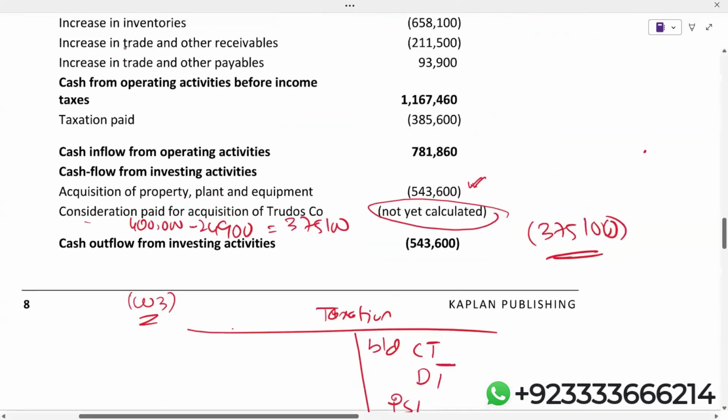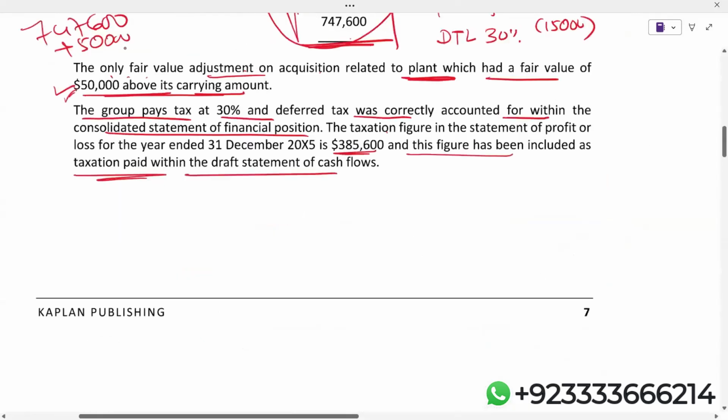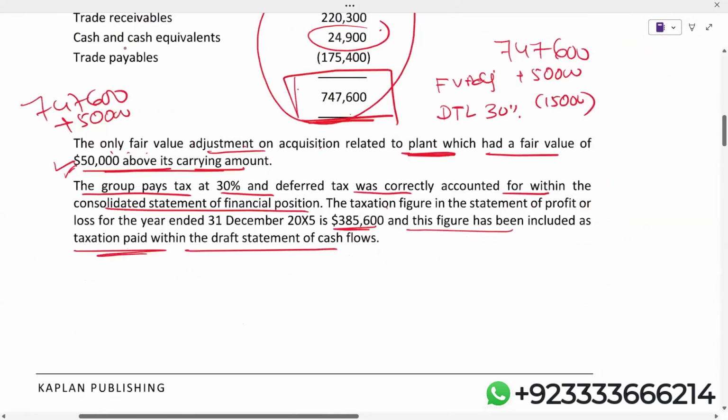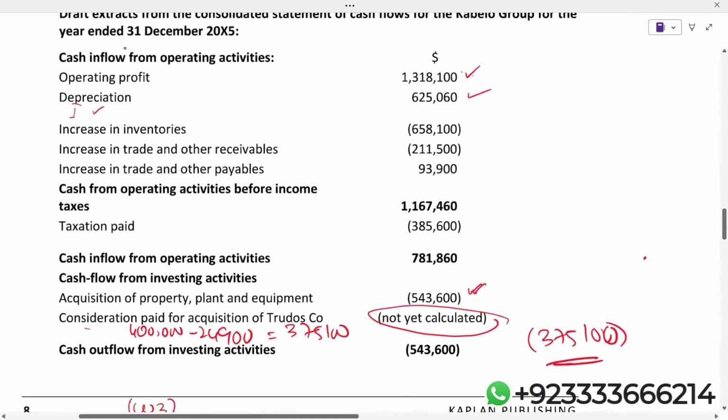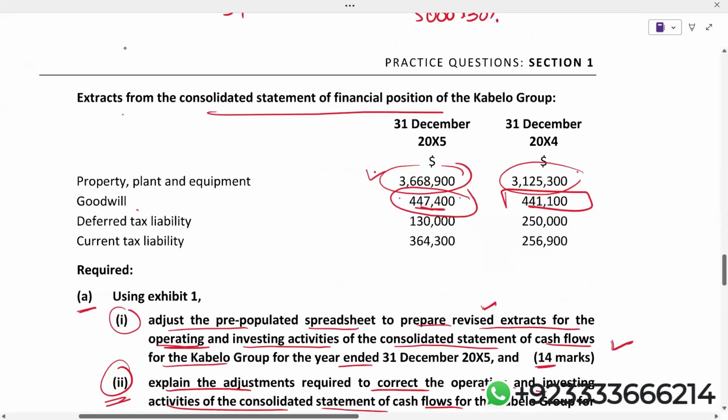Now let's see the current tax and deferred tax, BD and CD. Group SOFP is here. Students, BD deferred tax liability is 2,50,000.